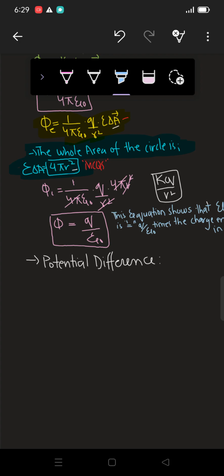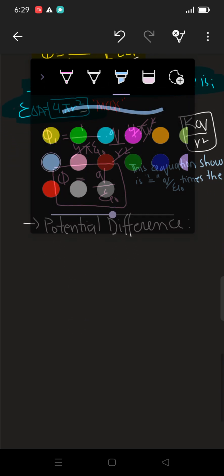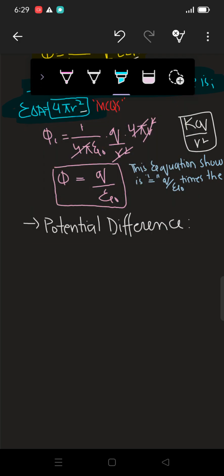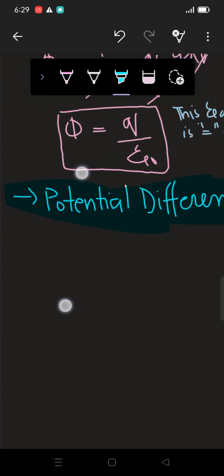Not today, however, we'll be deriving that tomorrow, but in today's video we will see the formula of the potential difference, what it is equal to, or how we can represent that in mathematical form. Alright, so initially we will go with the term potential difference, since we have to understand the concept of it, what it is.